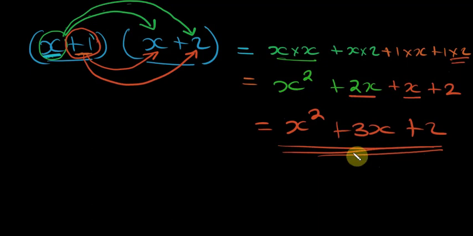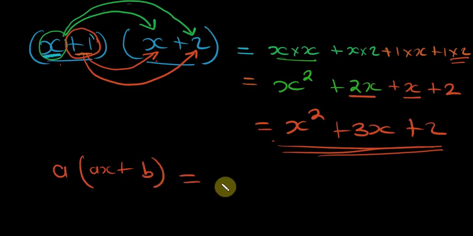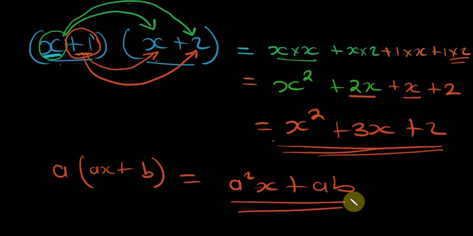So this is a trinomial. A binomial multiplied by a binomial gives you a trinomial, and a monomial multiplied by a binomial, what does it give us? This is x squared multiplied by x plus ab. It just gives us a binomial still.